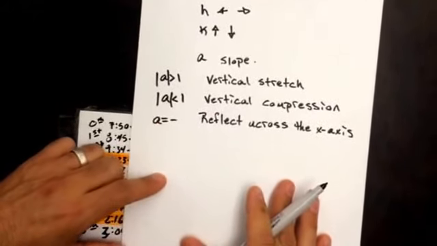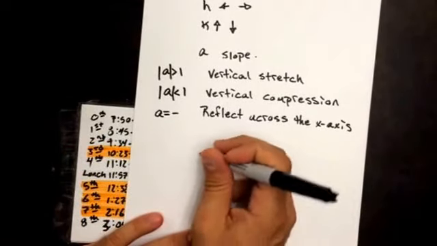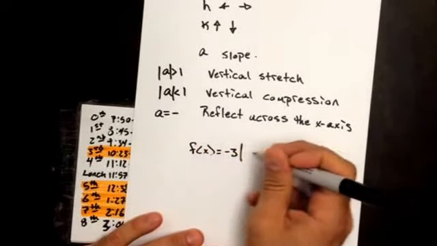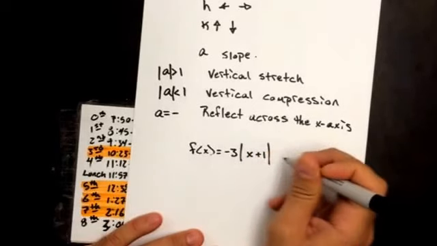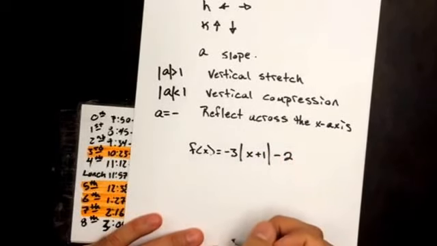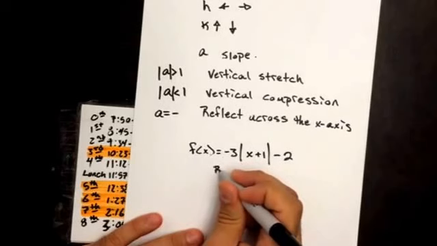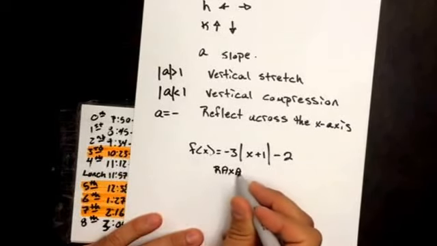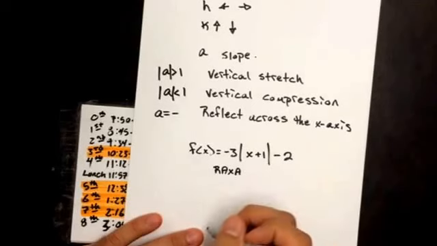So if I looked at something that told me f of x equals negative 3 absolute value of x plus 1, minus 2, the negative is going to reflect it across the x-axis, which I'm going to write as RAXA for reflected across the x-axis.